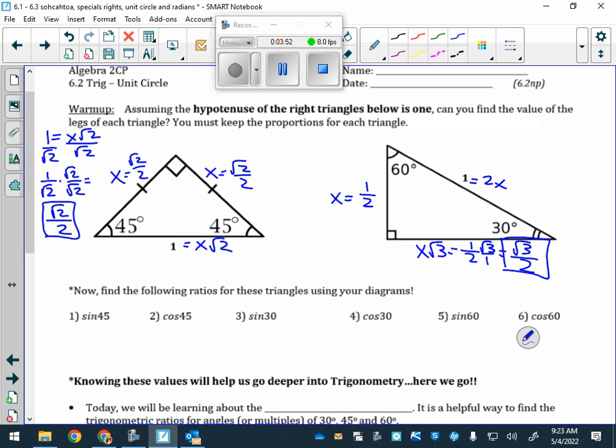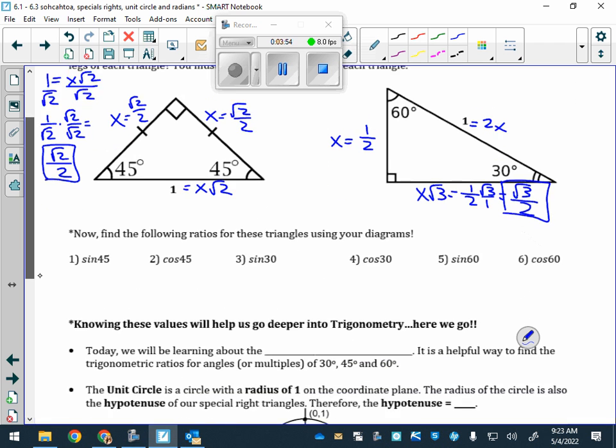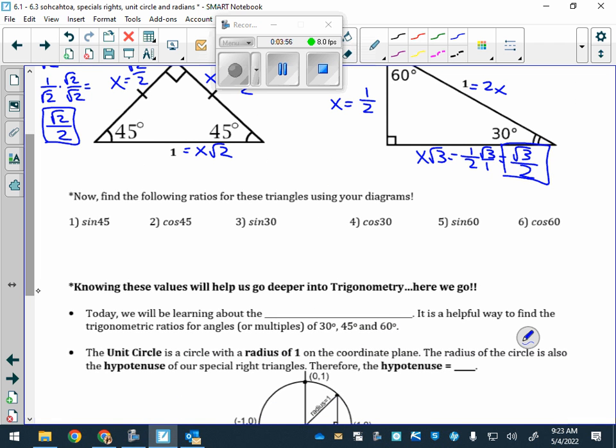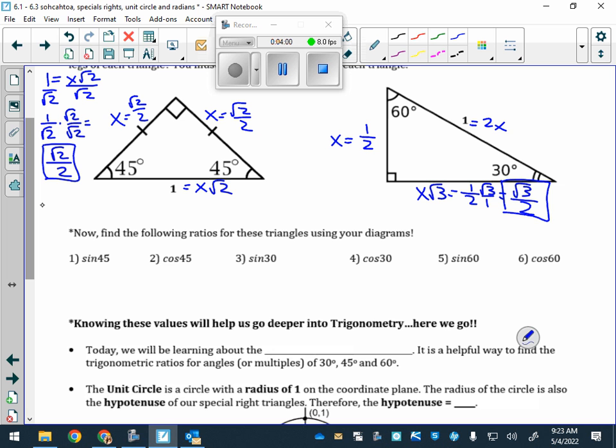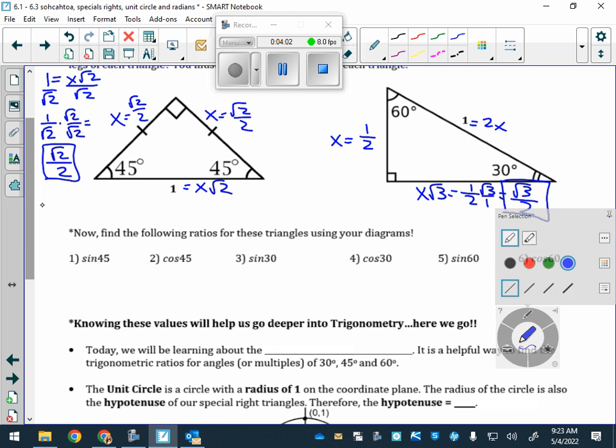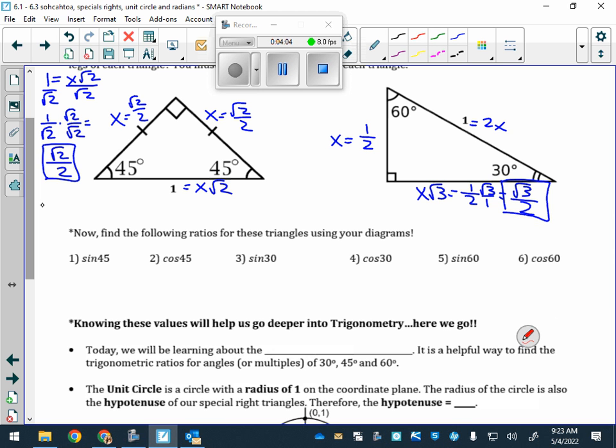Now we're going to find the following ratios using our triangles. We have the sine of 45. I'm just going to choose this angle; it really doesn't matter which one you choose. How do we find the sine? Opposite over hypotenuse, which is root 2 over 2. How about cosine?